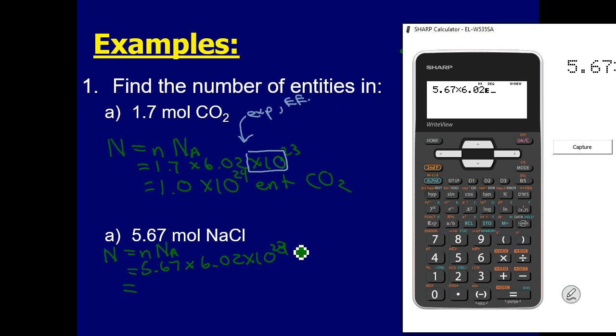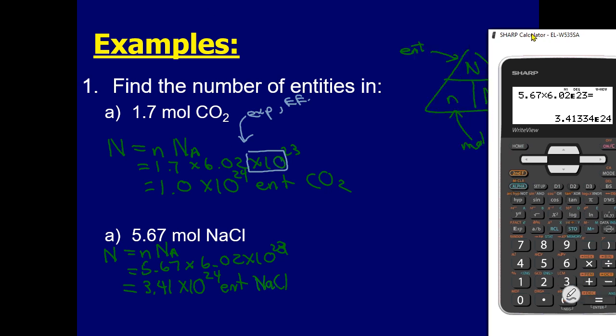I fixed it. 23 equals. 3 significant digits. 3.41 stays down because that's a 3 times 10 to the 24. 3.41 times 10 to the 24 entities of NaCl. And these entities are formula units, but that's okay. We will just leave them as entities.